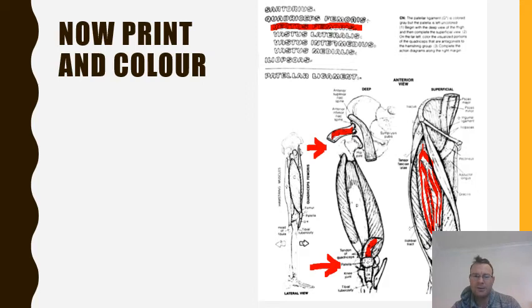So how is that different to your other quadriceps? Well, if you look here, we've got this muscle, vastus lateralis, which begins on the femur and inserts into the patella. Vastus intermedius begins on the femur and attaches into the patella.